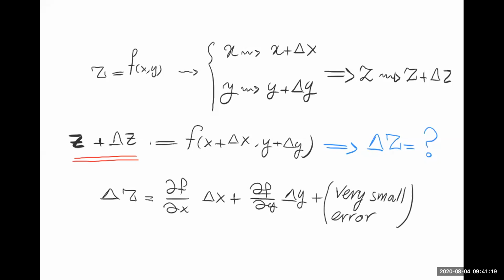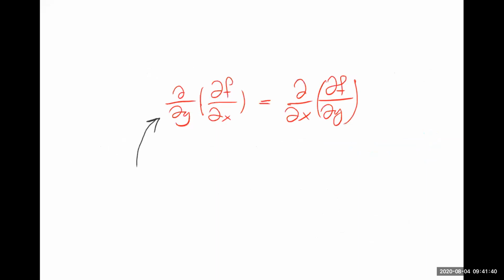What is that small error? I think it's better at this point not to mention what that error is, but just remember there's a small error. We show it with epsilon, just to say it is small. So for example, in the previous question here, we had f of x and y equal to x squared y plus cosine of x y squared.